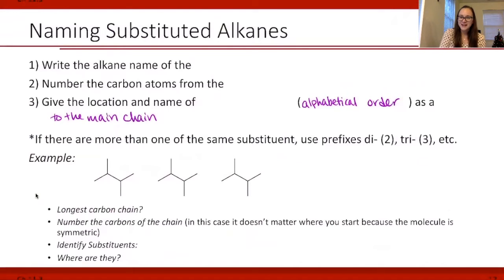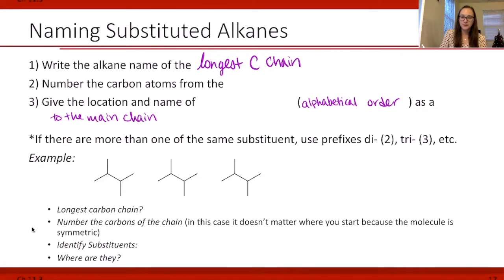So looking at naming our substituted alkanes, the first thing that we're going to do is write the alkane name of the longest carbon chain. You'll notice sometimes if you number differently, you can have different chain lengths. You want to find the longest continuous carbon chain, and that's going to be your alkane name that you write.